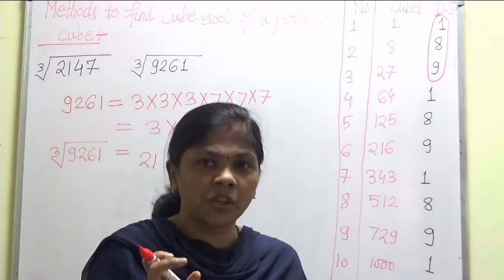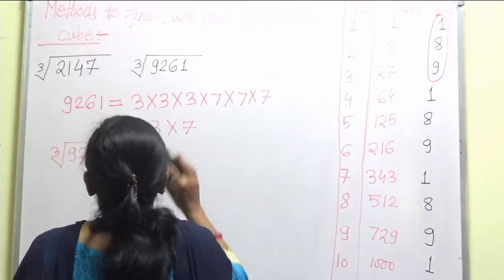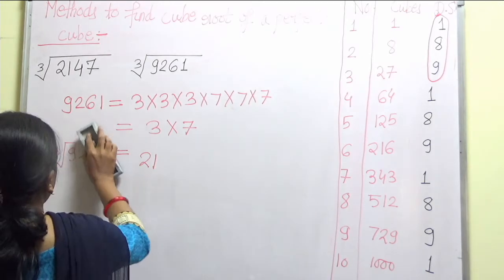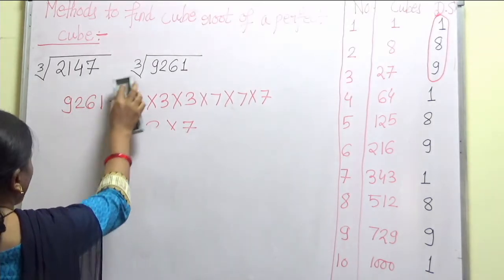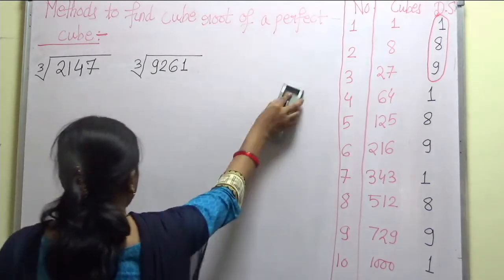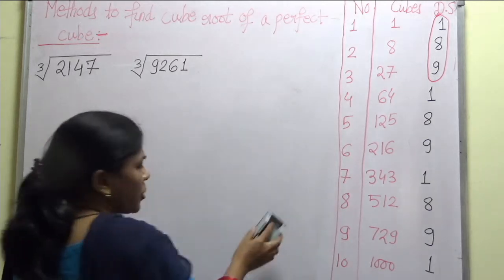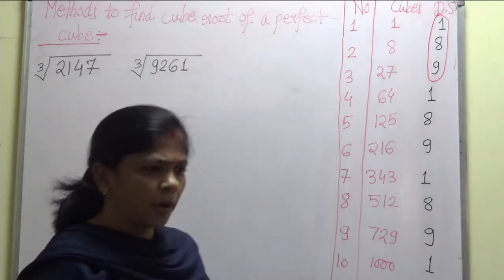I'll tell you the changes one by one, then we will evaluate the problem. So let us take the same example. We know that the cube root of 9261 is nothing but 21. Let us see whether we get this by the method I am going to tell you.